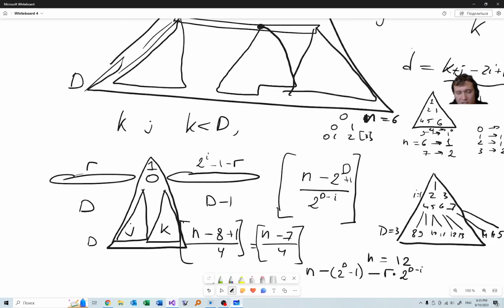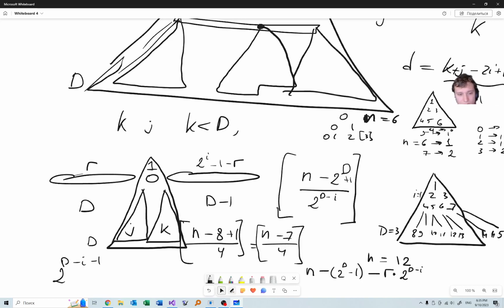Okay, what is the answer here? Here I say that this is just the number of vertices in this half. So what is the total possible number of vertices in this half? It is 2 to d minus I minus 1.